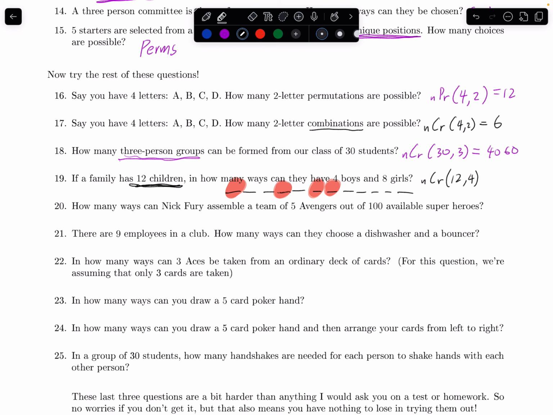Or alternatively, you could choose from the 12, the 8 girls. Once you find the 8 girls, then the 4 boys are just gonna fill in the blanks, right? Or if you just decide the 4 boys first, then the girl spots are just gonna fill in the blanks. So either way that you go about it, you get the same result.